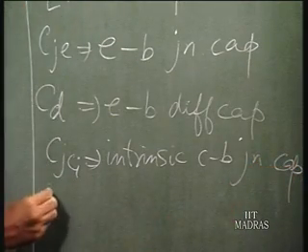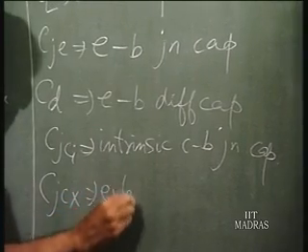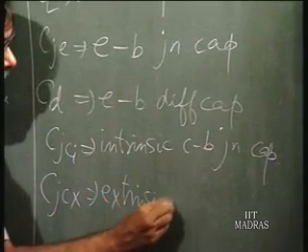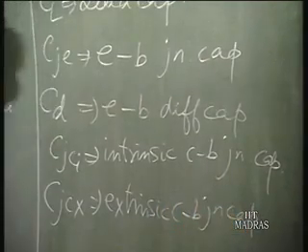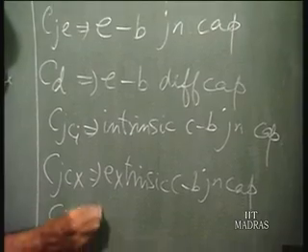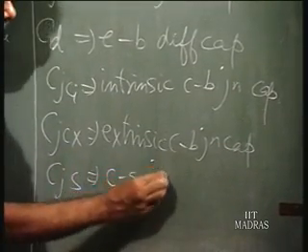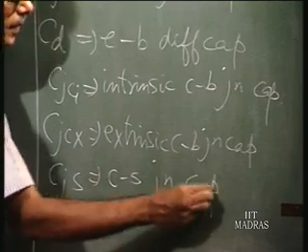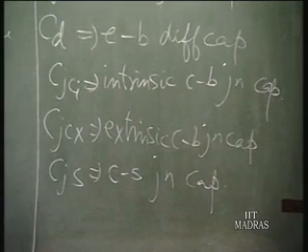Then you have CJCX, which is the extrinsic collector base junction capacitance. And then you have one more, CJS, which is the collector to substrate junction capacitance. So again you have 6 capacitances.